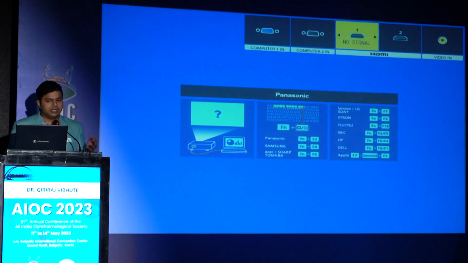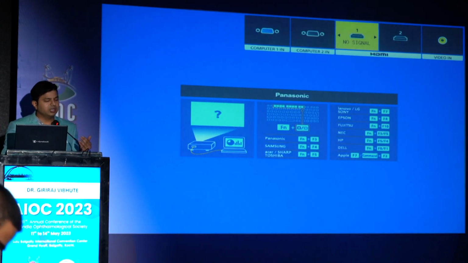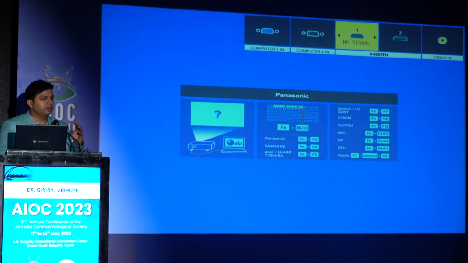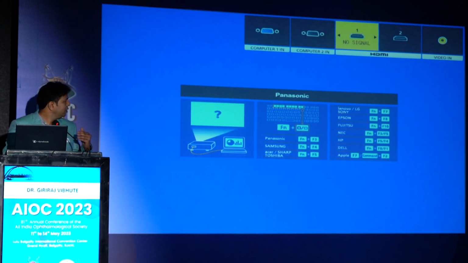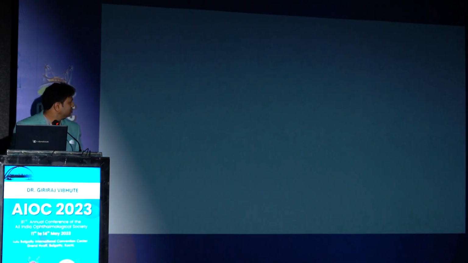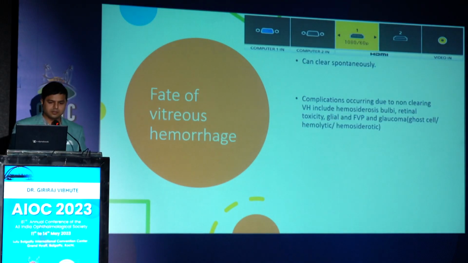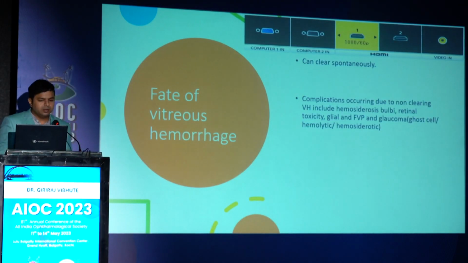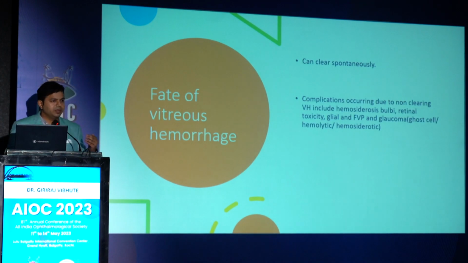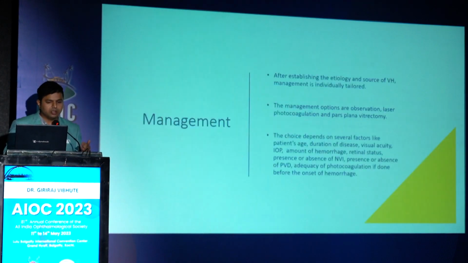What is the fate of vitreous hemorrhage? It can clear spontaneously, or if it is there for a long time, it may lead to hemosiderosis or retinal toxicity, glial and fibrovascular proliferation, or ghost cell glaucoma, etc. Earlier, it was recommended that you can wait till 6 months also, but nowadays we decide the management depending on patient status, whether the patient is one-eyed, whether he needs his visual acuity for his work, or how long to wait based on the pathology itself.